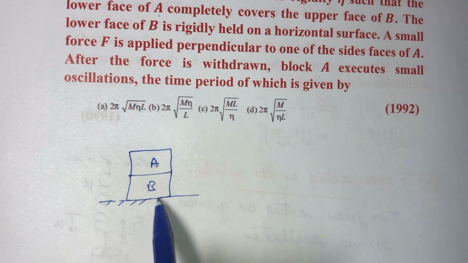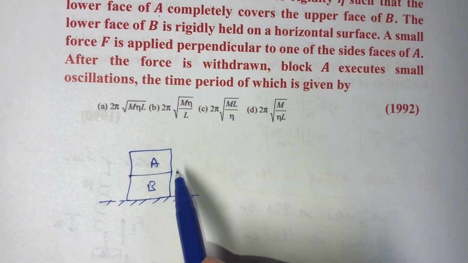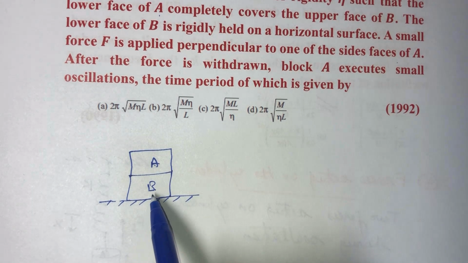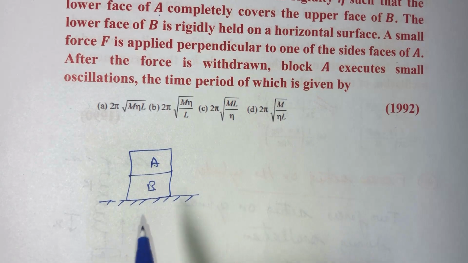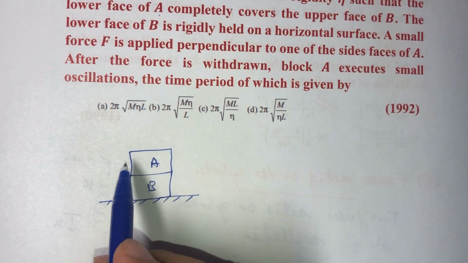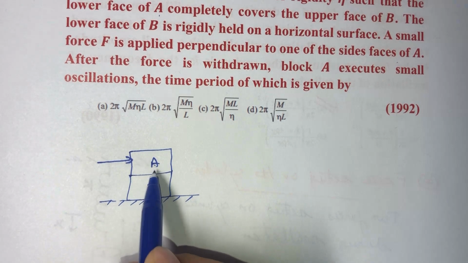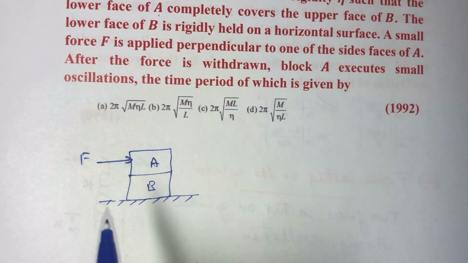So this is a surface, and it is said that A is rigid whereas B has a slight low modulus of rigidity which is given as nu, and a force F is being applied perpendicular to block A.